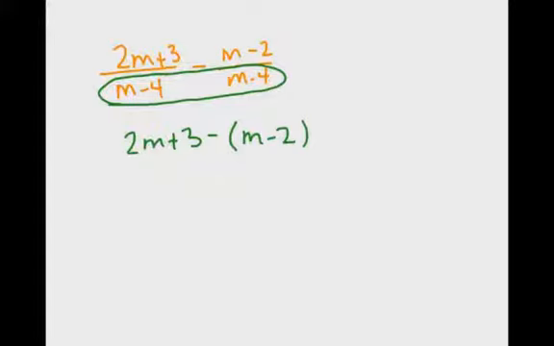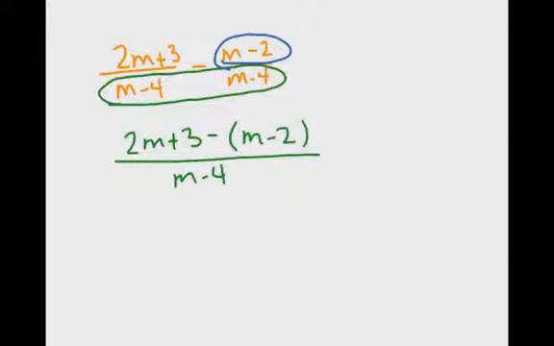Notice how I put the m minus 2 in parentheses. That's because we're subtracting this whole numerator. We're not just subtracting the m, so I could not put just minus m minus 2. We have to put the parentheses around the top. Okay? And this is going to be all over m minus 4.